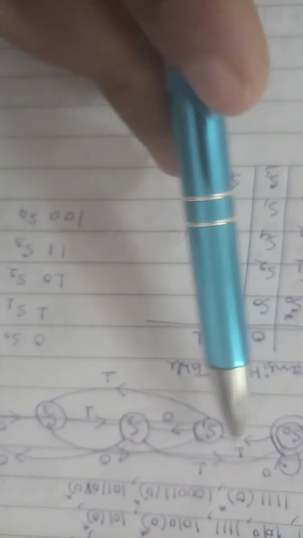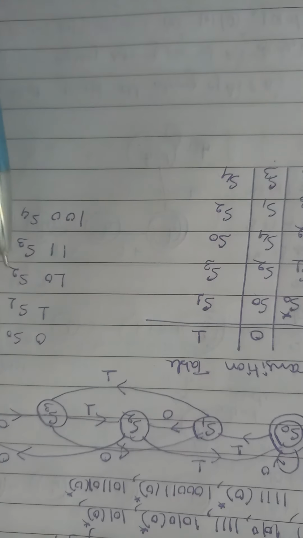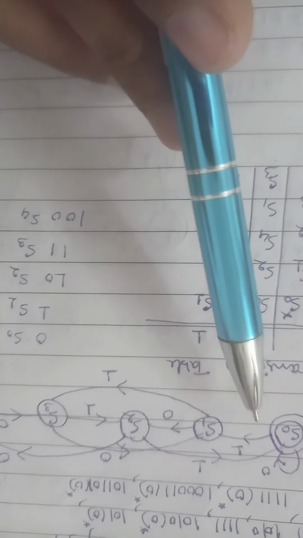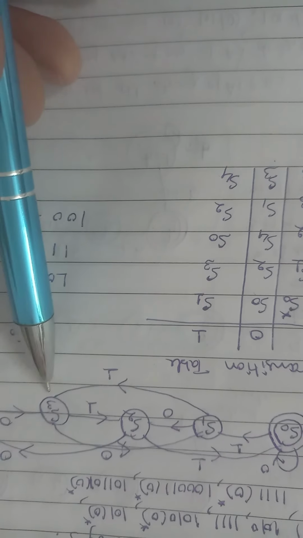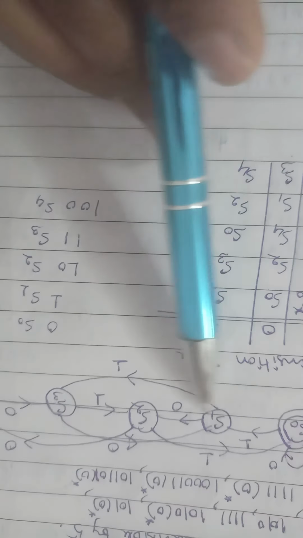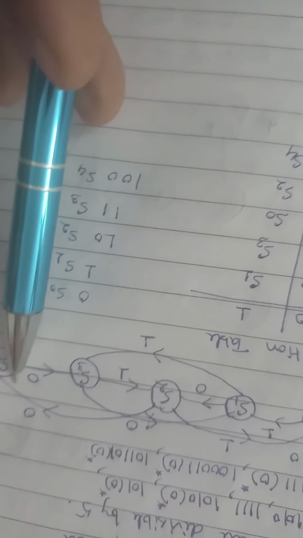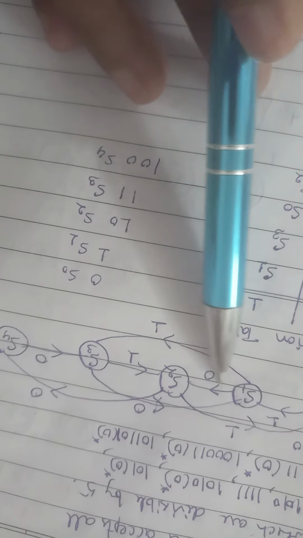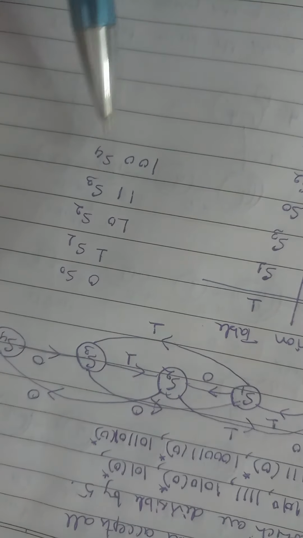From S2, what are we getting? 1 0. S3, what are we getting? 1 1. S4, what are we getting? 1 0 0. This is 4.